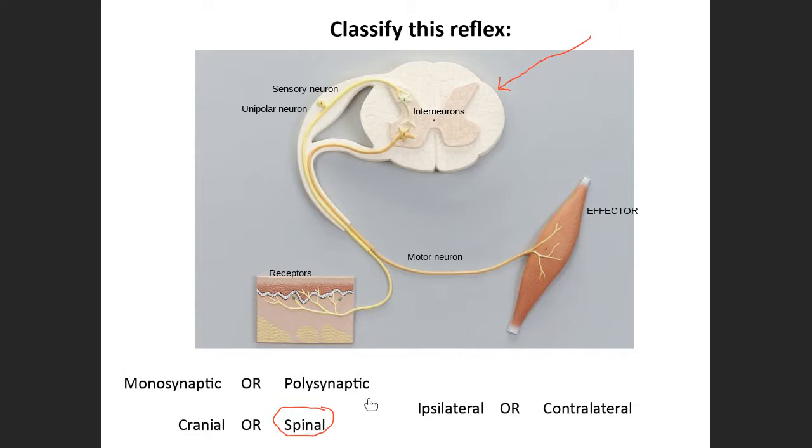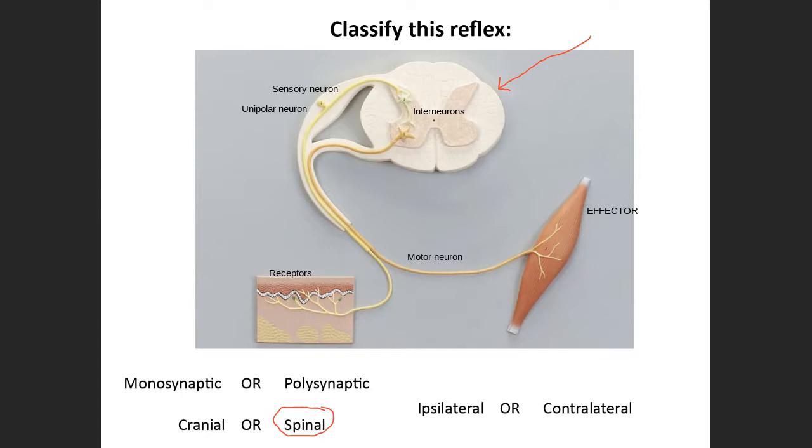Now, we have two other classification words we need to figure out here. If we're monosynaptic or polysynaptic, when I look at any reflex, how would I know which of these words to use? What does monosynaptic or polysynaptic, what do these words even mean? These synaptic words.